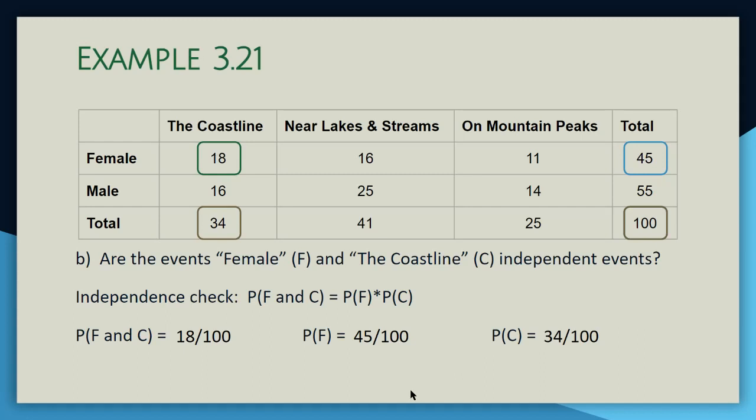To do the math, I'm checking whether P(F) times P(C), 45 over 100 times 34 over 100, is equal to 18 over 100. 18 over 100 is 0.18, and 45 over 100 times 34 over 100 is 0.153. So these events are not independent.